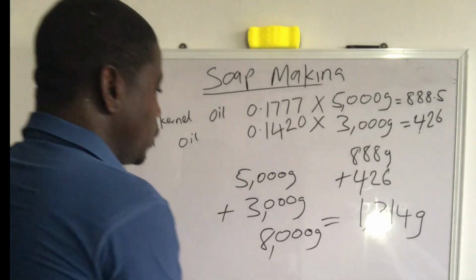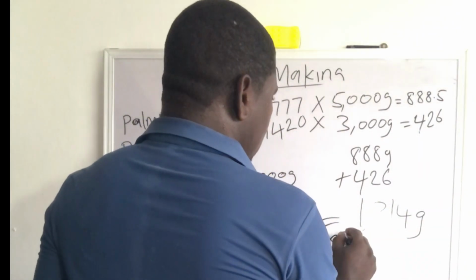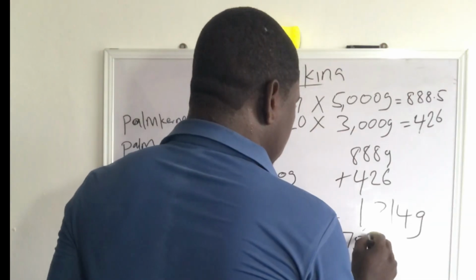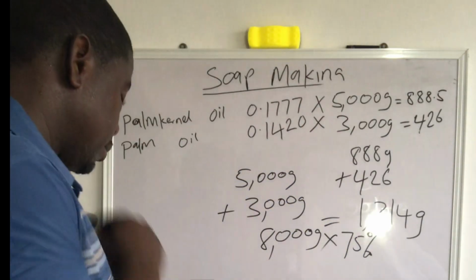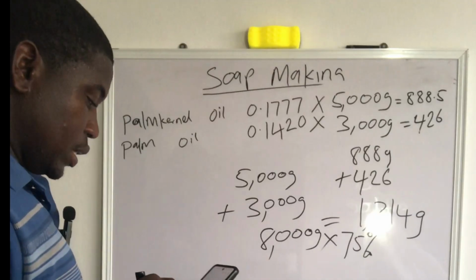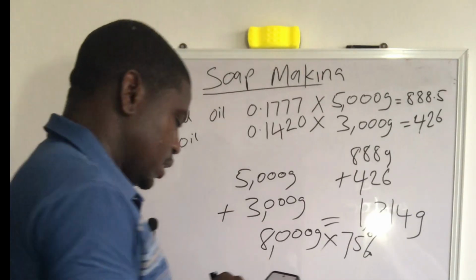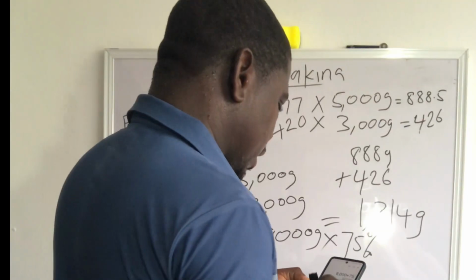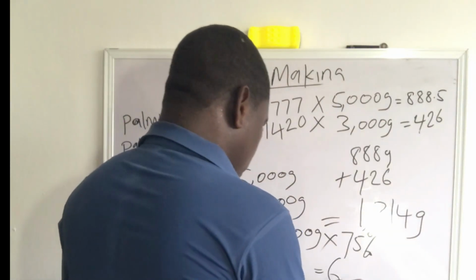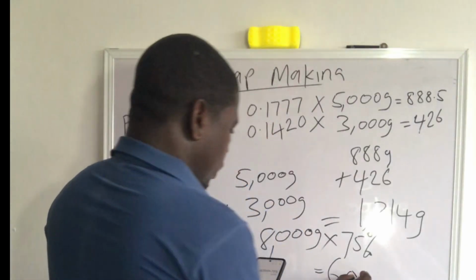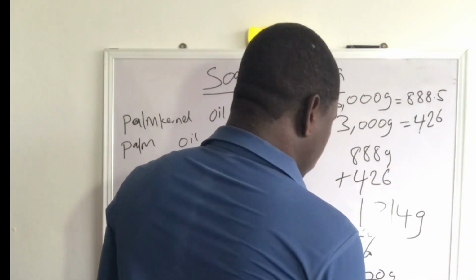So 8,000 grams times 75% equals 6,000 grams of water.